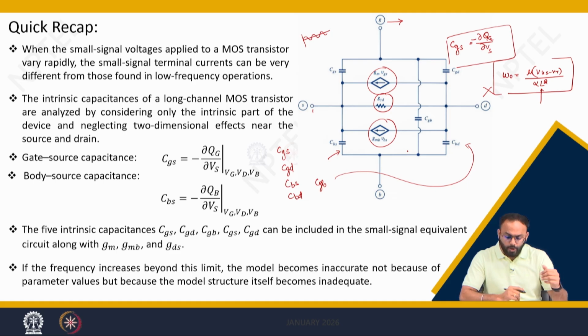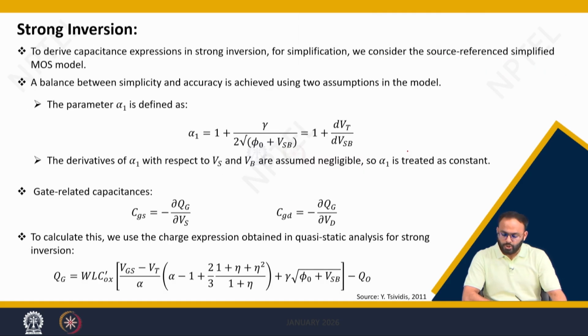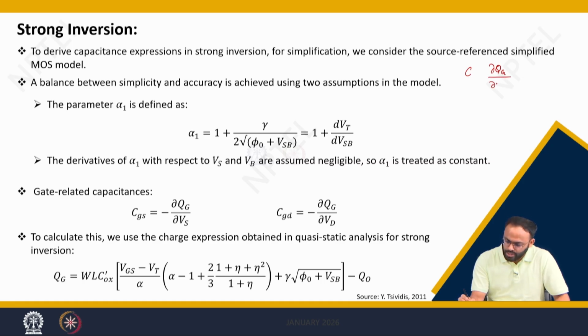Now, let us see how we can extract these small signal capacitances in the strong region of operation. We will follow the same procedure. To calculate the capacitance, we will calculate the change in the gate charge or change in bulk charge with respect to change in terminal voltage. So, this value will give me CGS. Let us consider the gate charge expression, which is given by this.